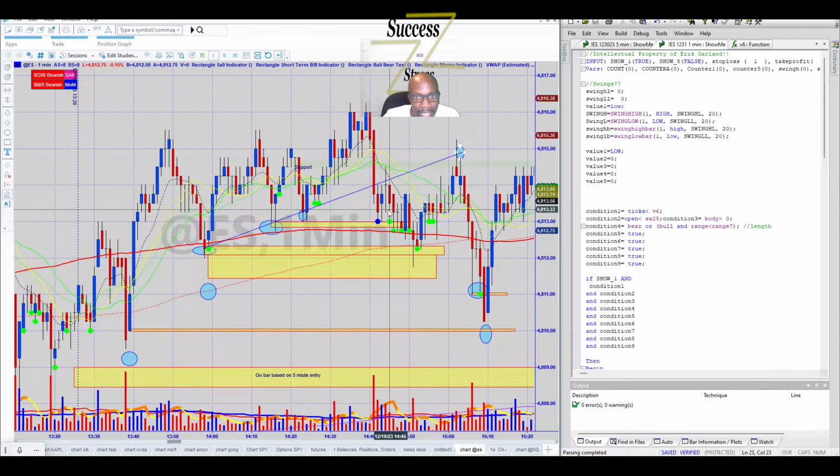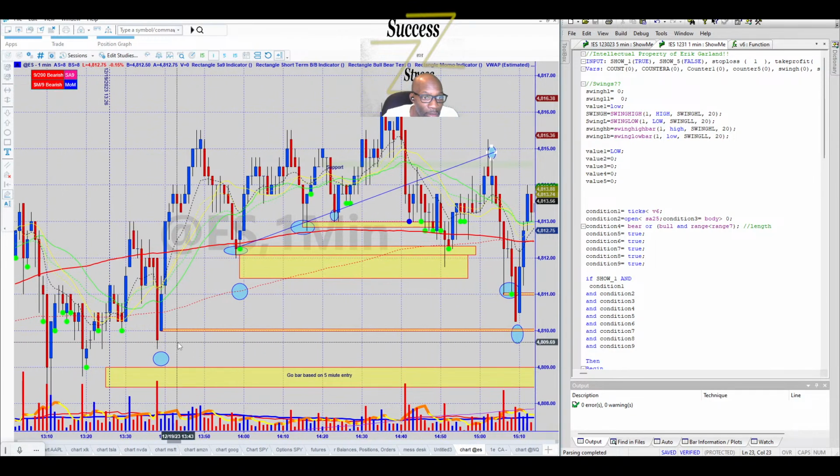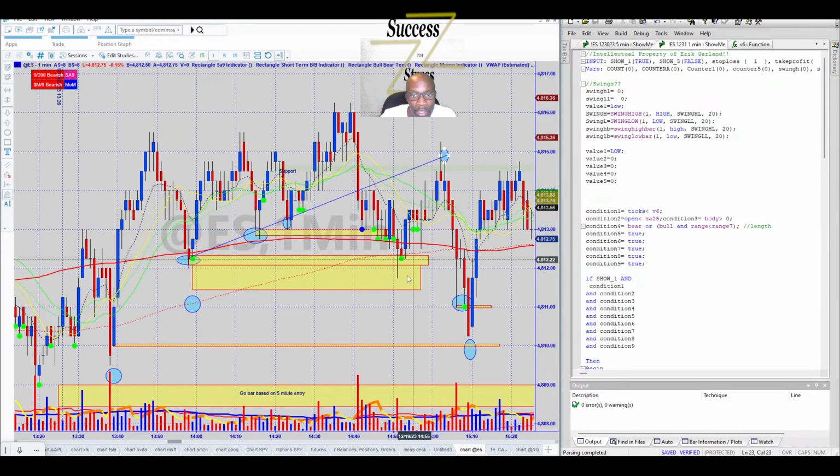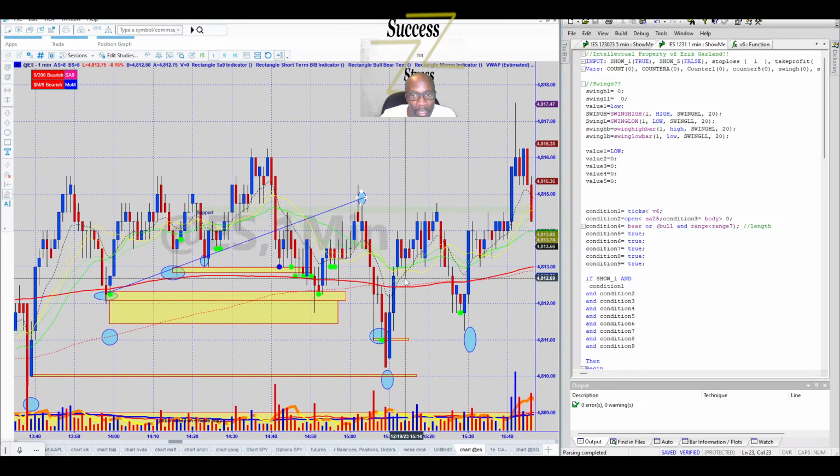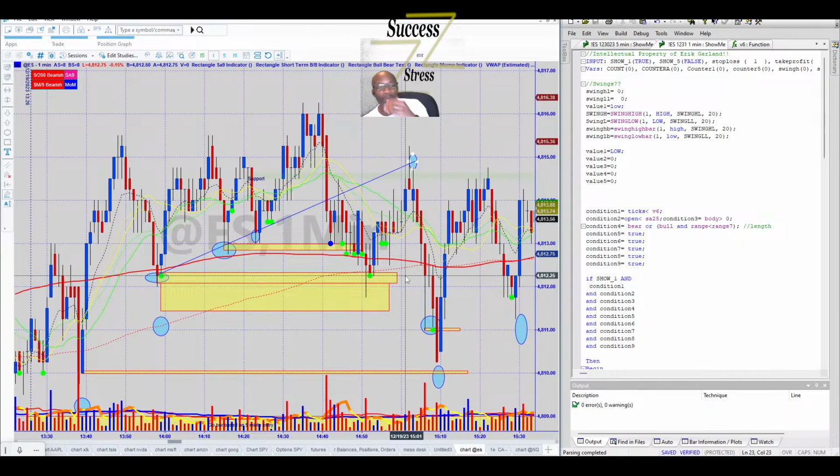So I'm thinking if we make the condition that there is not a long range bearish candle, now this will be a new one for me. I don't know how it would do that.